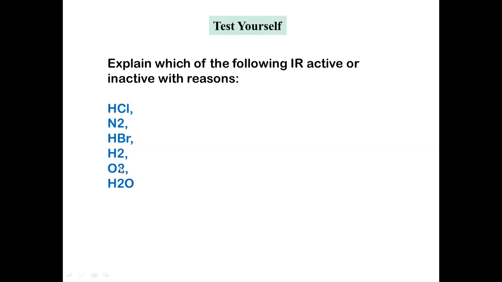These are symmetric molecules and there is no net dipole moment associated with those molecules, and hence those symmetric molecules would be IR inactive, while HCl, HBr and H2O are asymmetric molecules, have their own dipole moment, and hence they are IR active.